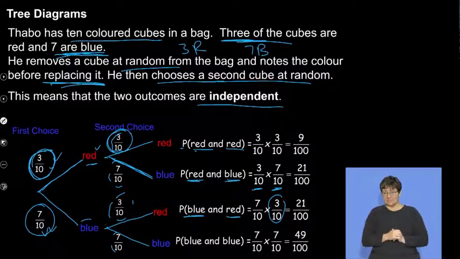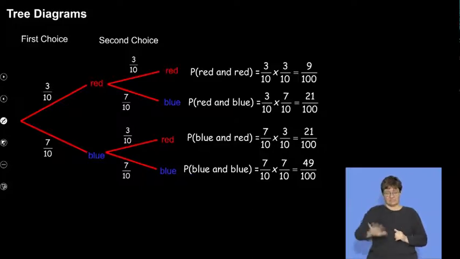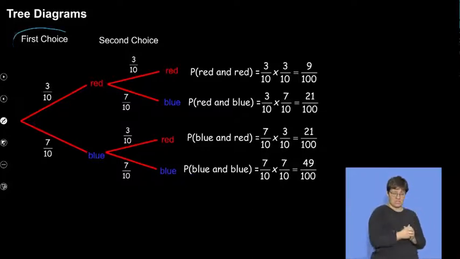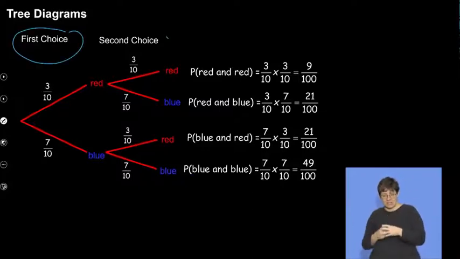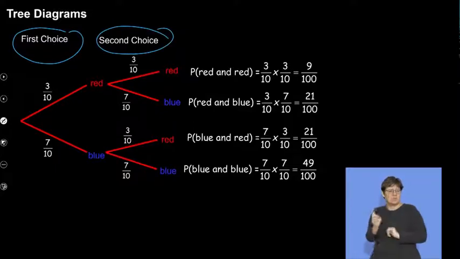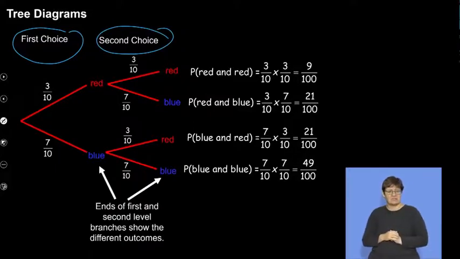Okay, fantastic. Now, let's look at this. This is the tree diagram complete. We drew the tree diagram, which is our first choice there, second choice there. What does this represent? The end of the first level of the branches shows the different outcomes. Are we all together?